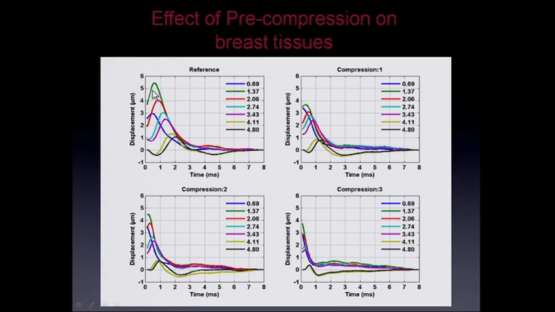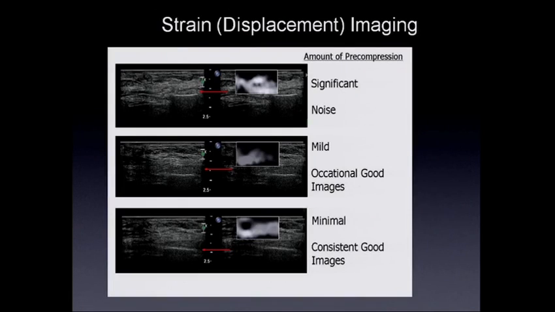Here is no pre-compression, and you can think of this as your slope. As we move away from the shear wave source, the peak occurs later and we get less and less amplitude. But as we apply pre-compression, you can see that we're moving all these peaks closer and closer in time. So we're getting faster and faster shear wave velocities.